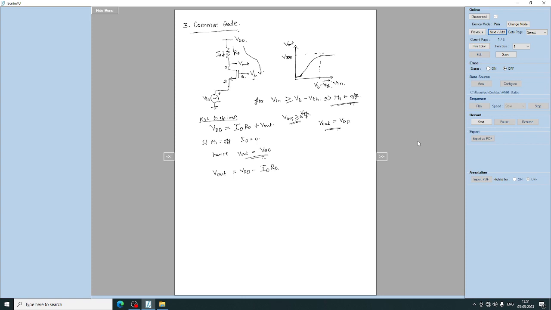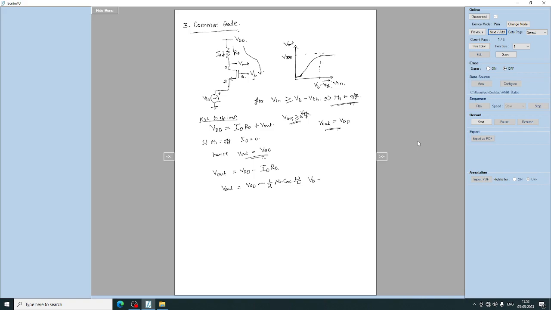If M1 is in the saturation region for an amplifier, V out is equal to VDD minus ID RD. I will replace ID by the corresponding current, half mu n COX W by L into (VGS minus VT) whole squared, into RD. What is VG?